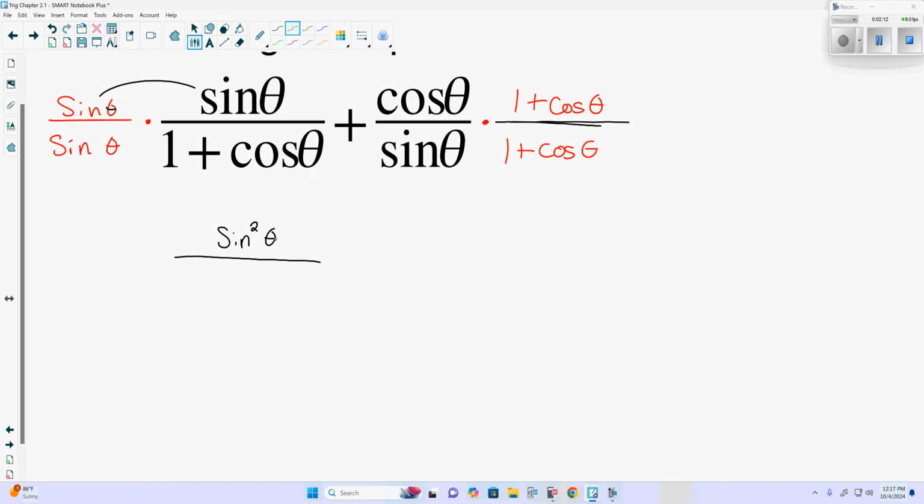So, since it's not going to really help us too much, we're just going to leave it as sine of theta times 1 plus cosine of theta. With the next one, we will have a case where multiplying through is going to be helpful. But for this here, multiplying through is not going to be better than not.